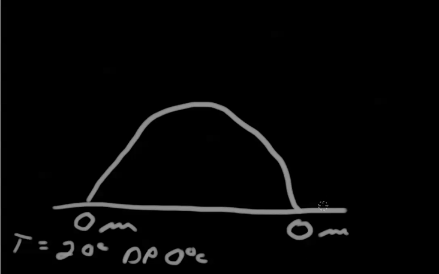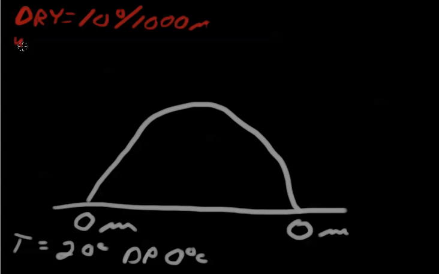Again, the leeward side of the mountains is going to be dry. It's typically the rain shadow area. So we know we've got a couple different rates. The dry adiabatic rate is 10 degrees per 1,000 meters, and the wet adiabatic lapse rate is 5 degrees per 1,000 meters.